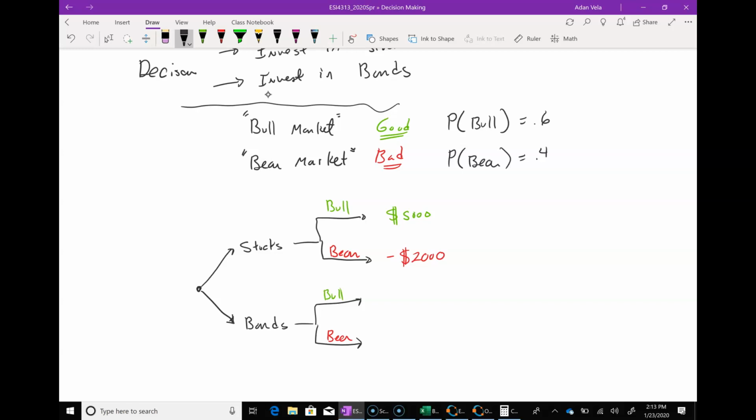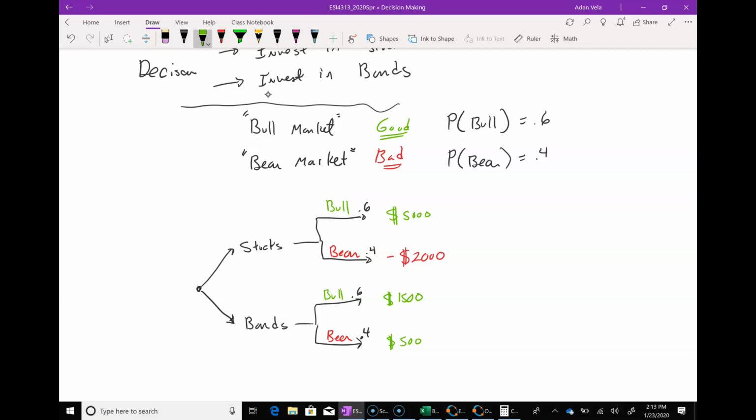So we're going to have 0.6 here, 0.4 there, 0.6 here, and 0.4 there. When you invest in bonds, they're a lot safer. So in the bull market, you're going to make $1,500. And even if things go south and the economy is bad, you still end up ahead. You make $500.